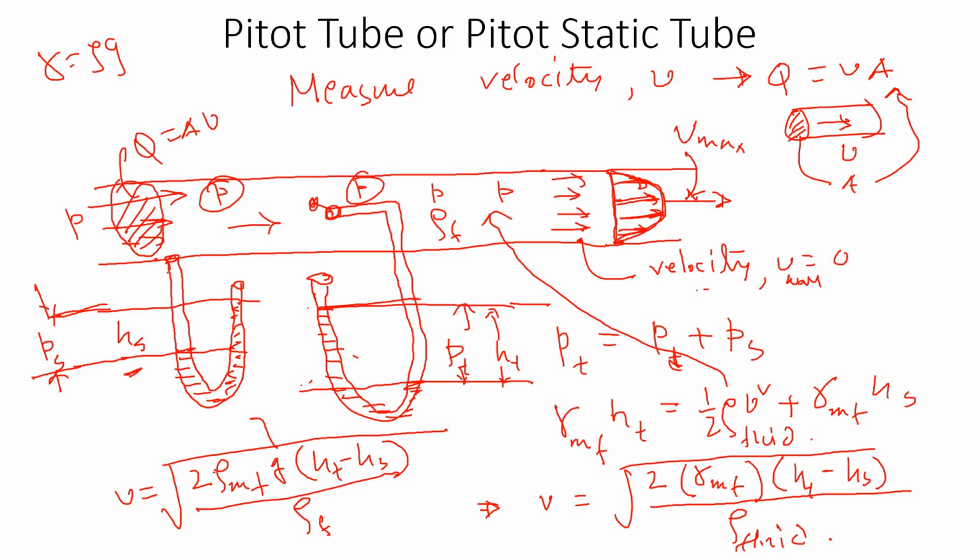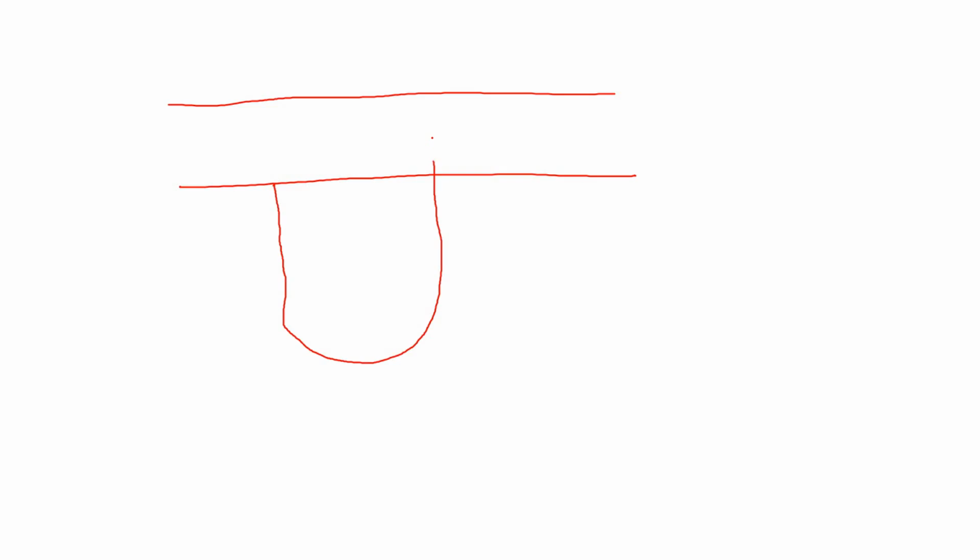Now let me show you one more way of measuring the pressure difference. A lot of times electronic devices are used. There is a thing called piezoelectric material, which is a pressure transducer. So imagine that I have a tube that is connected like this, and flow is coming this way.